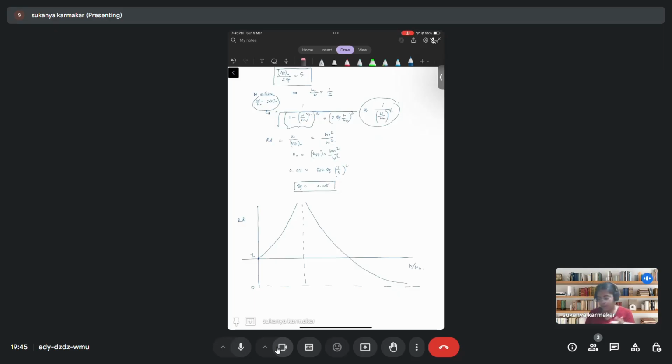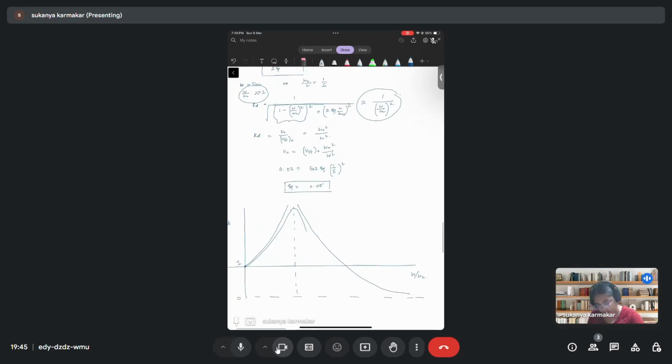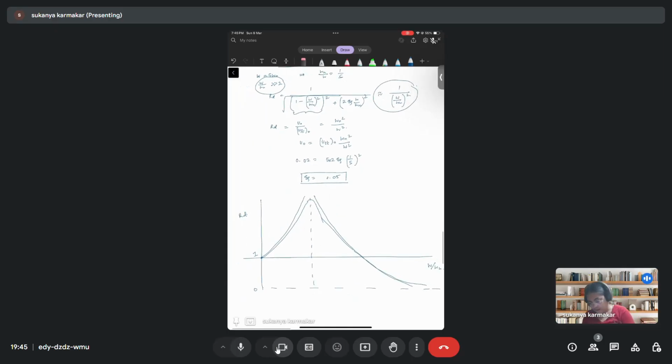As damping goes on increasing, your response will be something like this. Since I'm drawing by hand, it's a very schematic sketch. But it's seen that when damping is equal to 1, your entire response is less than 1.